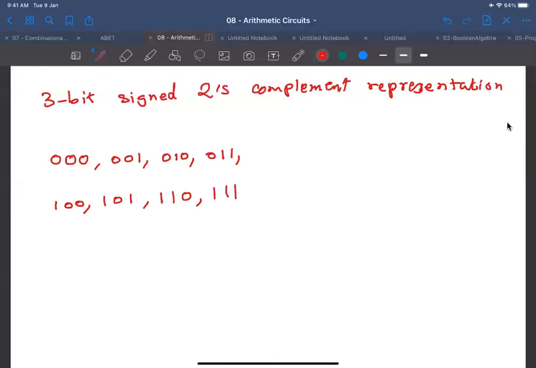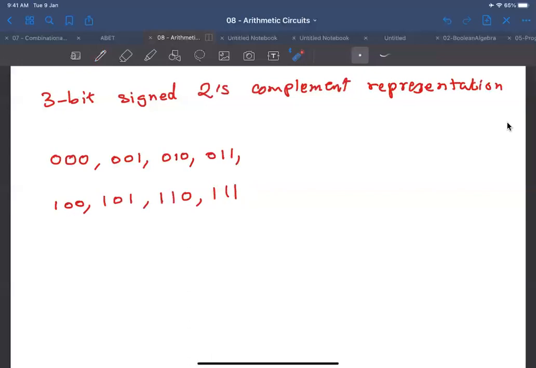So let me ask you this. What is the magnitude of this number here? You have 2 ways of doing this.